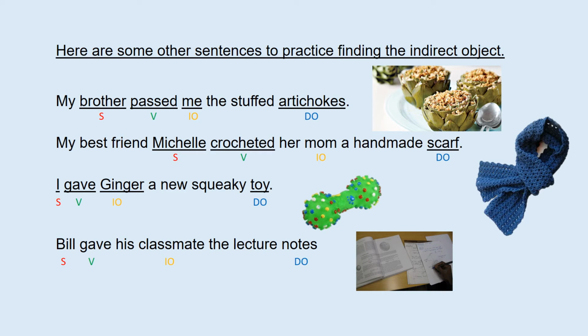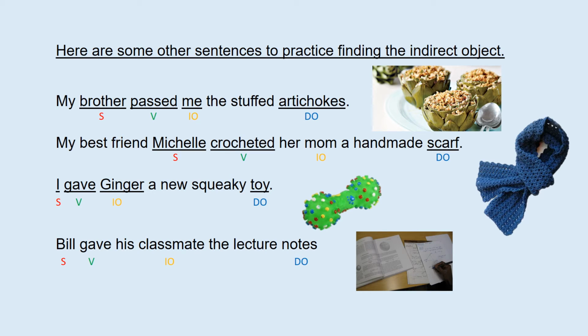Well, let's see if we can figure out the direct object. Again, we know that it's going to be a noun or a pronoun, and it's going to come after the verb. So, let's take a look at the nouns after the verb gave. We have classmate, and we have notes.